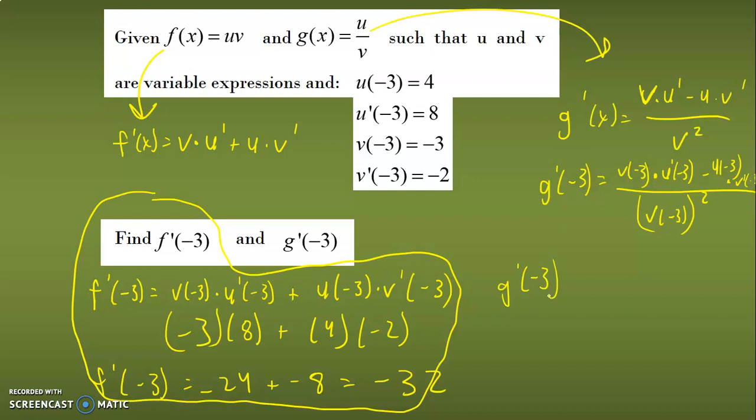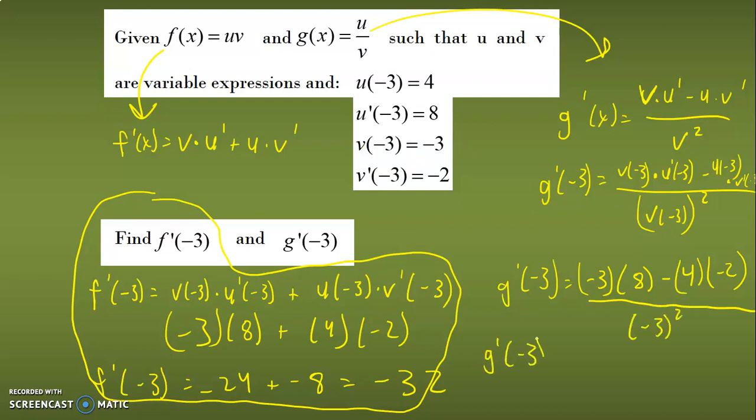All right, so v of negative 3 was negative 3 times u prime is 8 minus, and then u of negative 3 was 4 times v prime was negative 2, over v of negative 3 is negative 3 squared.